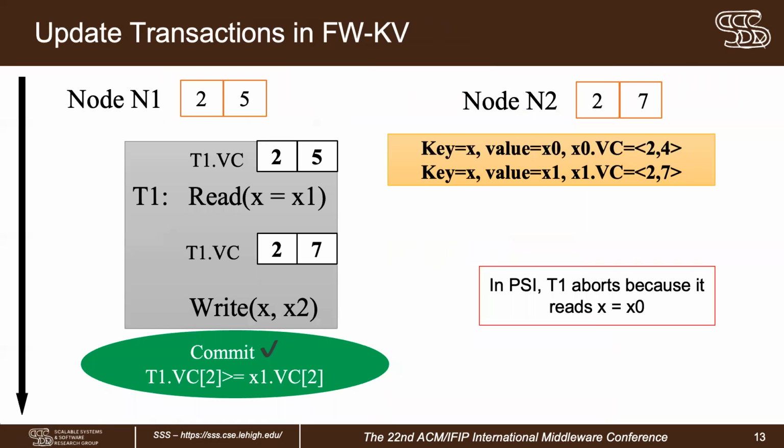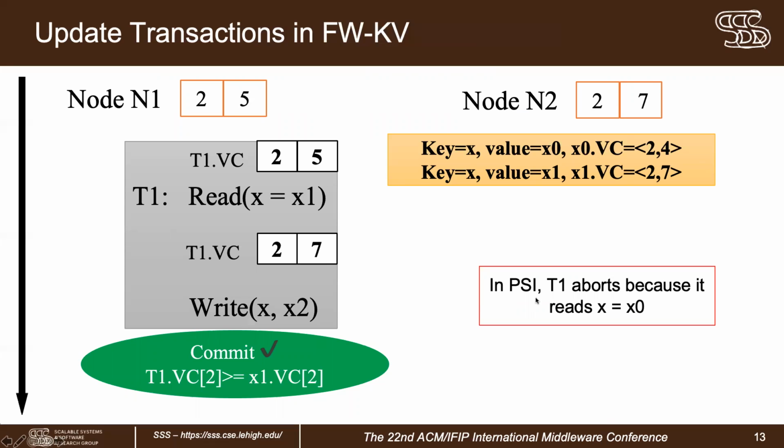This slide also shows how update transactions are controlled in FWKV. We have two nodes. Update transaction T1 starts. It can pick the latest existing version, and it can update its own vector clock at the second entry with timestamp 7. And since T1 was able to pick the latest existing version of X, when it decides to write X, it can commit instead of aborting.